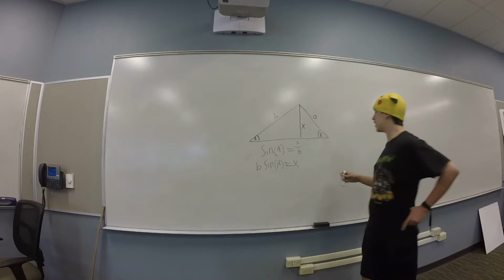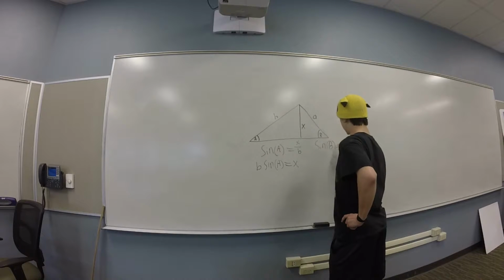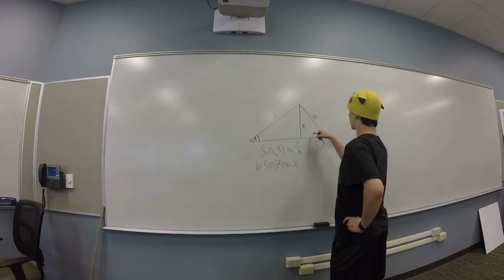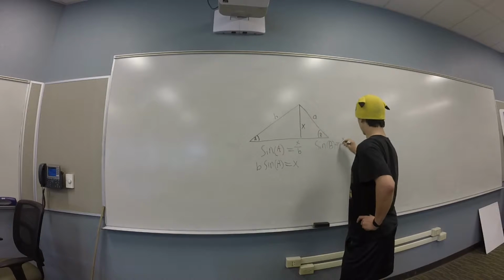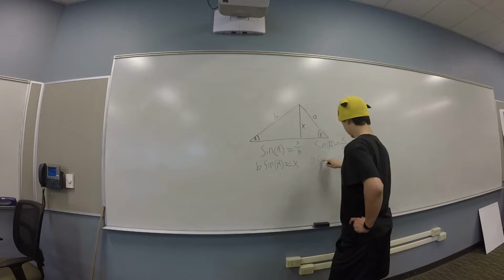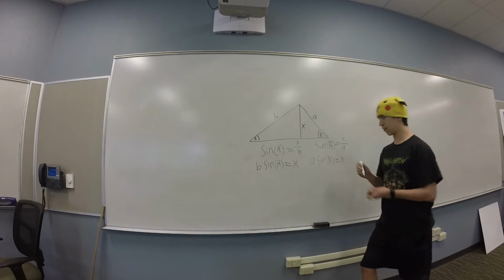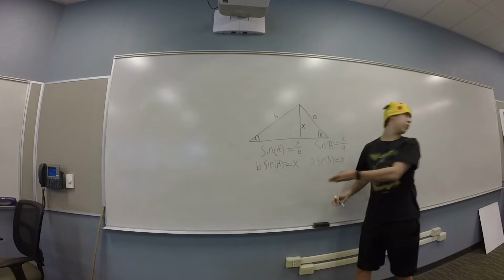No, you can do it from the b perspective too. Sine of B is equal to opposite over hypotenuse, x over a. So a times sine B equals x. Now look what we got here. We have two separate things that equal x.